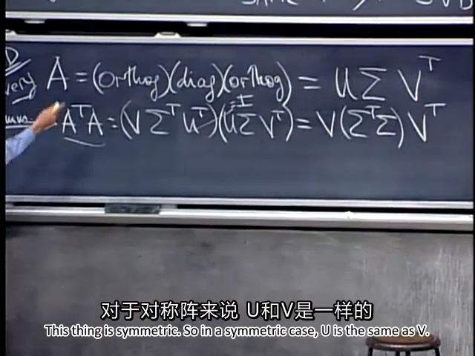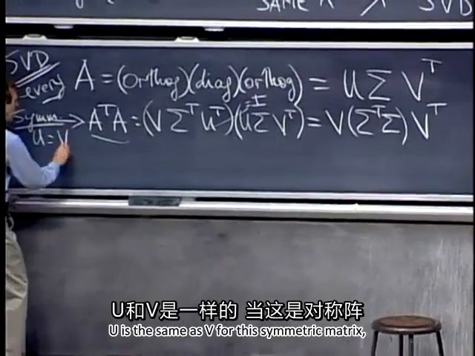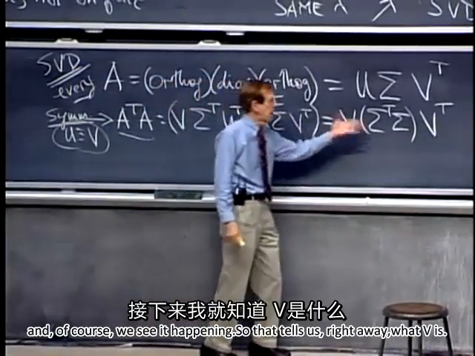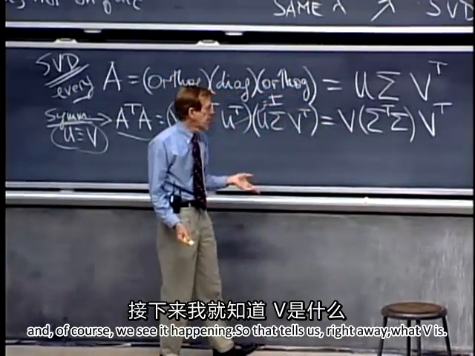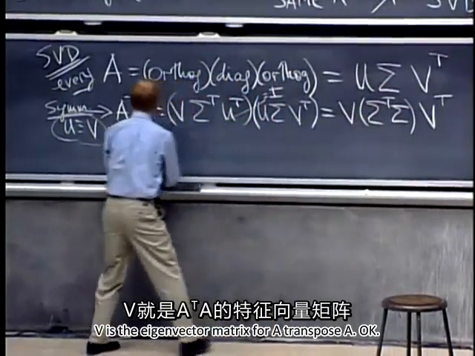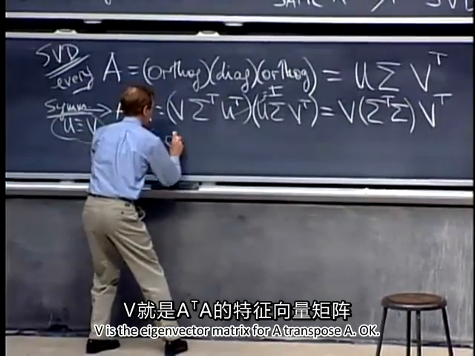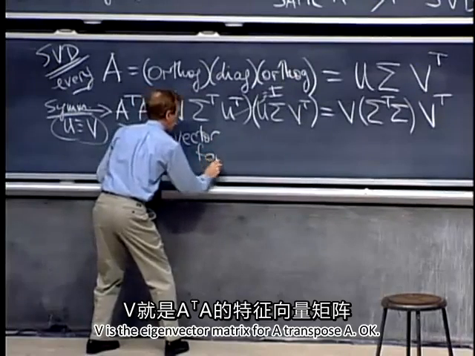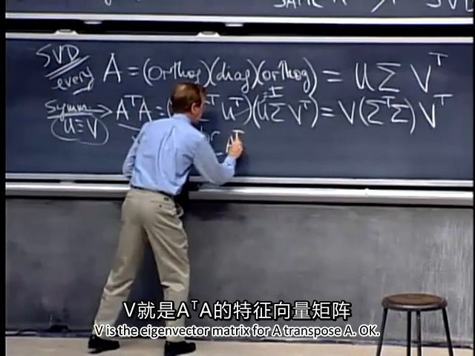So in the symmetric case, U is the same as V, and of course we see it happening. So that tells us right away what V is. V is the eigenvector matrix for A transpose A.